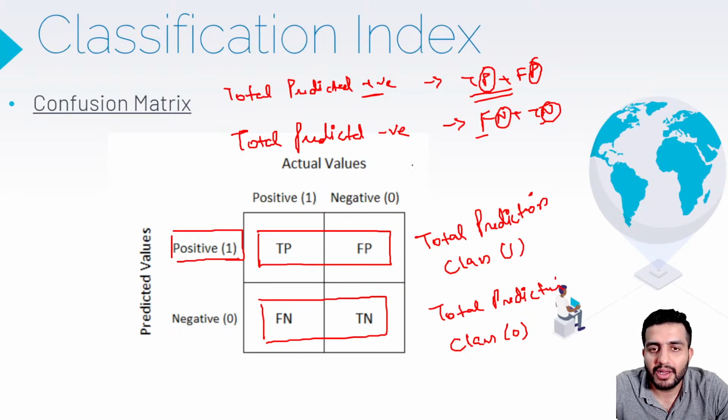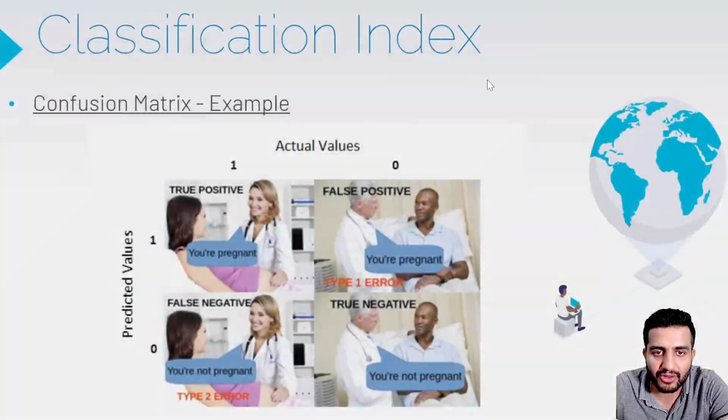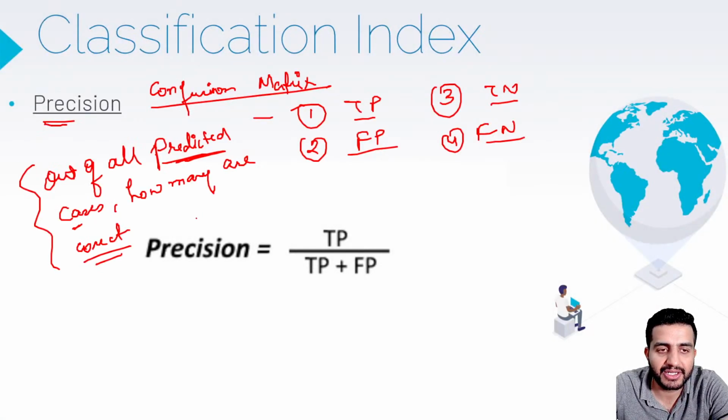So now this is my total predicted cases. Go back to my definition. What does the precision definition say? Out of all the predicted cases, how many are correct? So how many are predicted positive cases for me? True positive plus false positive.